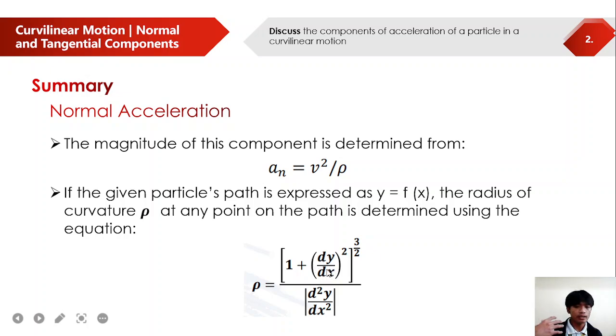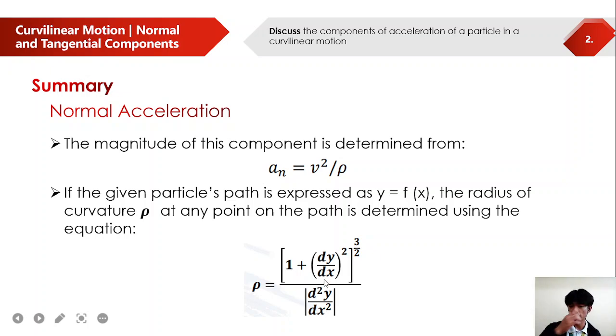Kumbaga, after you differentiate the equation of the y, you just have to square it out. Then, add mo lang ng 1. Tapos, i-raise mo sa 3 halves. And then, divide mo lahat sa d squared y over dx squared. Simply, it's just the second time derivative of your y.